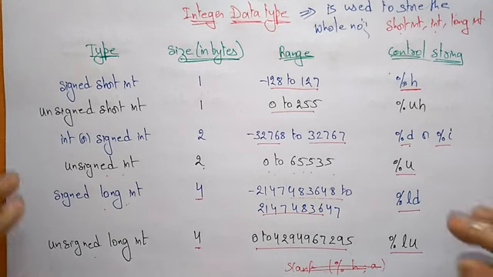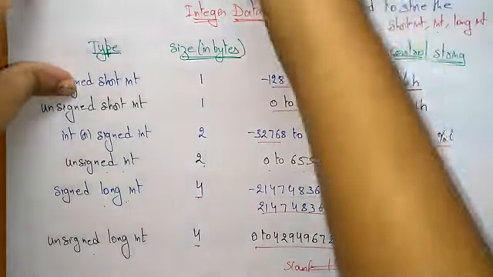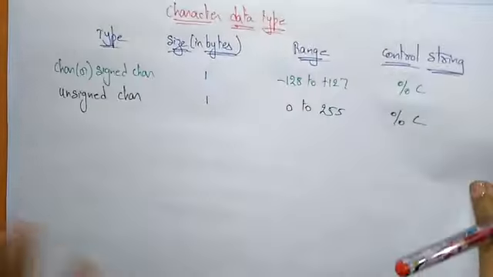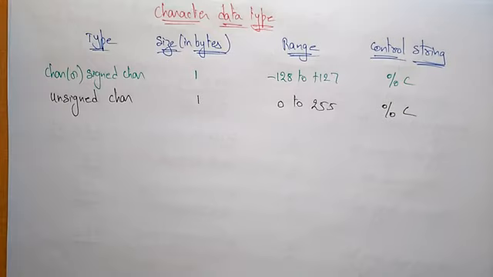Now let us see the character data type. So what is this character data type? Another primitive data type mostly used in C programs is the character data type. It also has signed characters and unsigned characters.